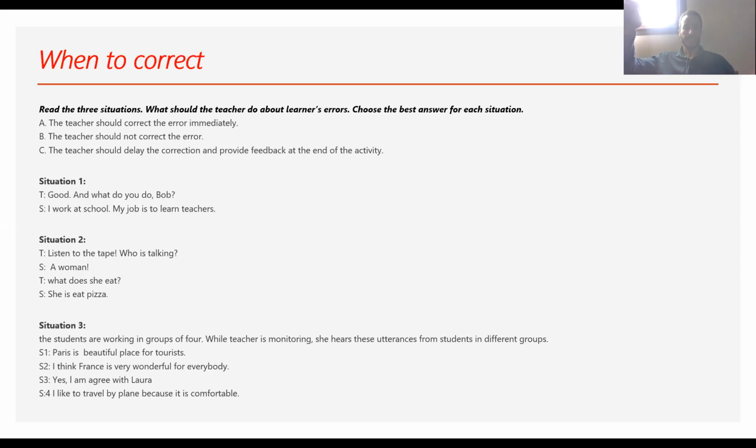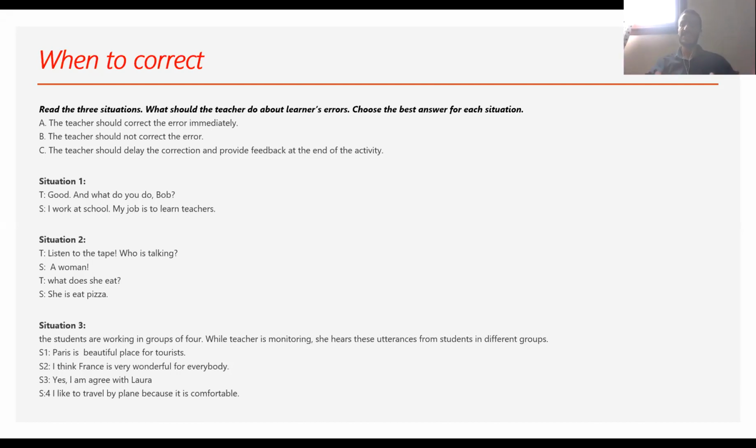You as a teacher, you are monitoring. When you are monitoring and it's a speaking activity, you take notes. You listen to your students, what they are saying, and then you take notes about the mistakes they make. Don't interrupt. The best way is to delay the correction till the end. Why?